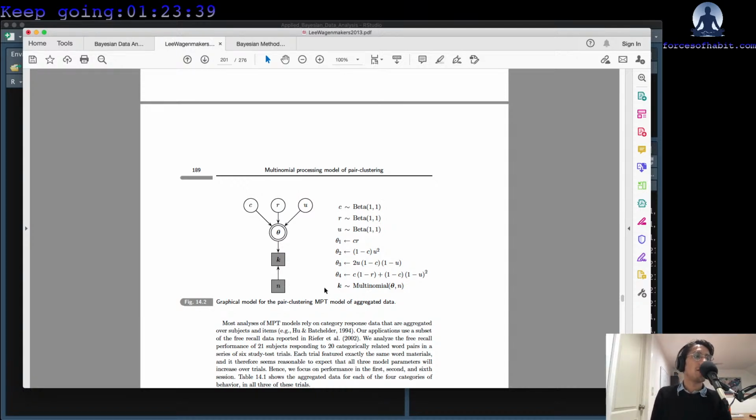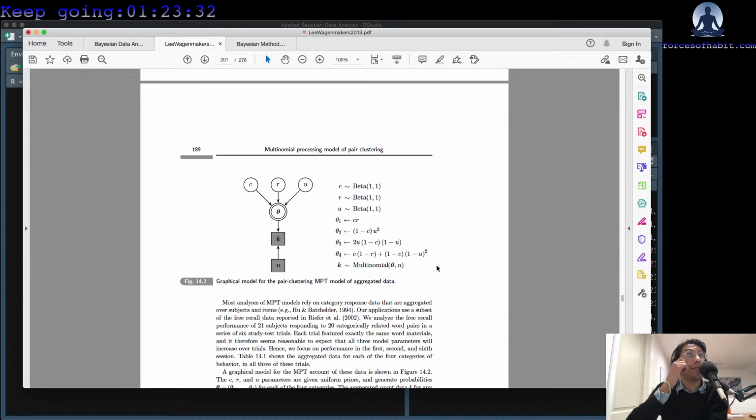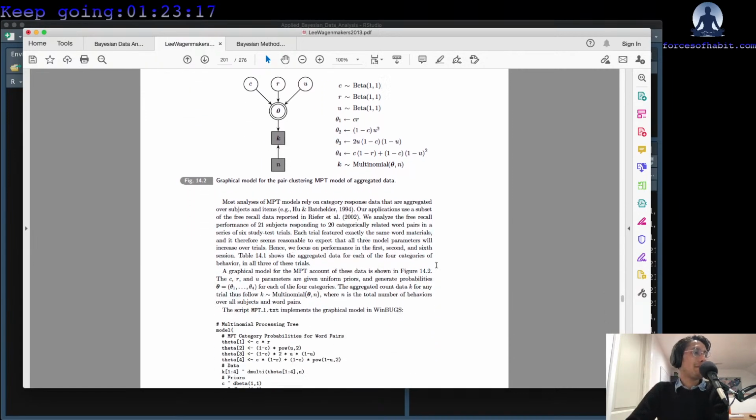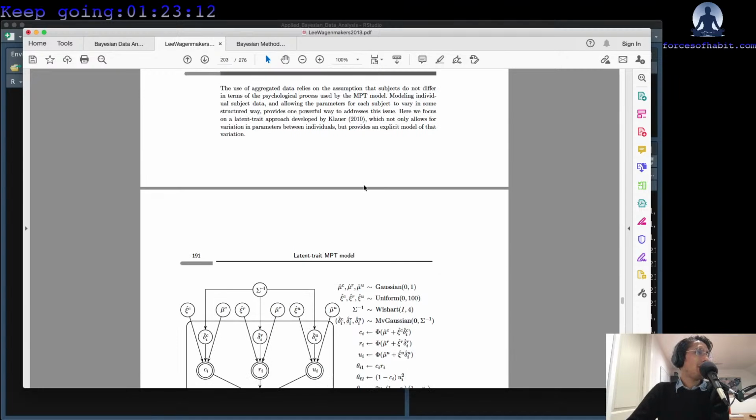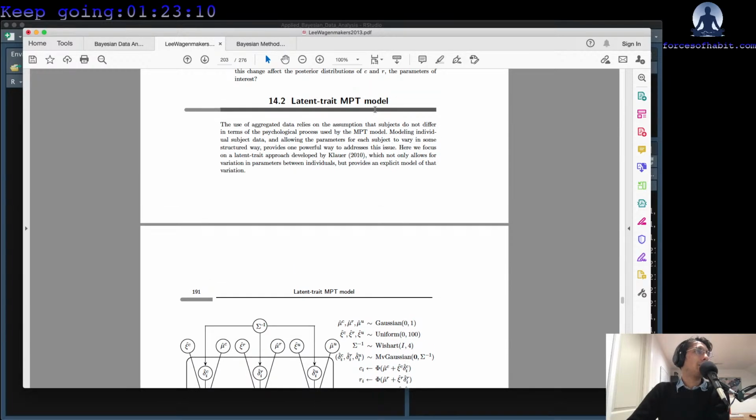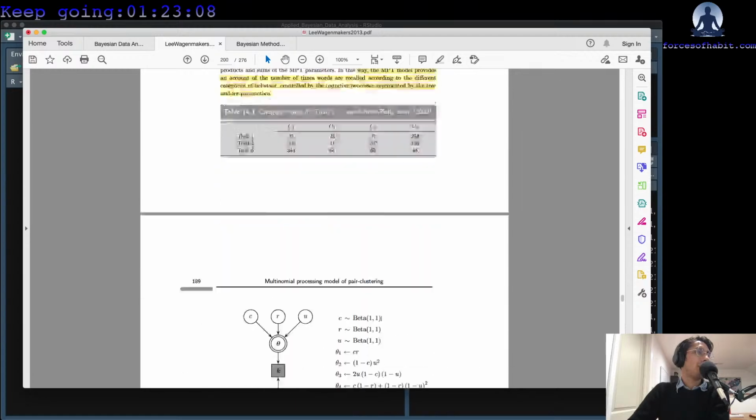I think that's part of just the nature of Stan. But I also had to do this in Stan yesterday because I couldn't find the JAGS code for the processing trees example, and it did force us to write out some Stan code for the first time in the series, so that was good. Alright, so now we're going to move to latent multinomial processing trees.